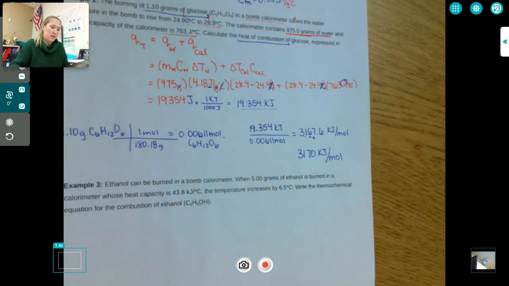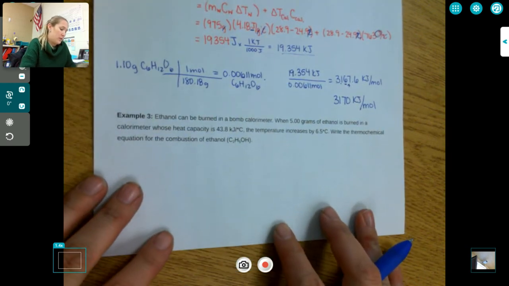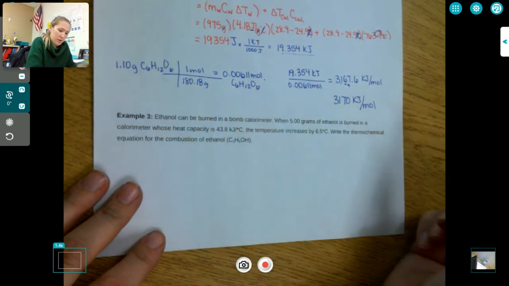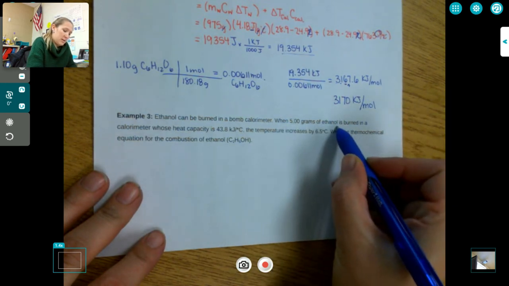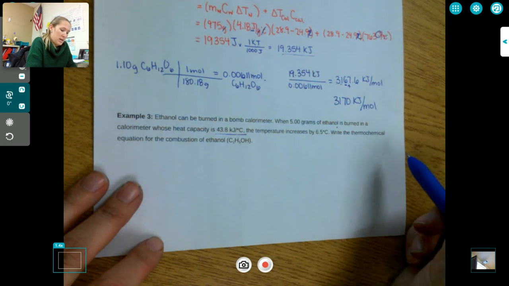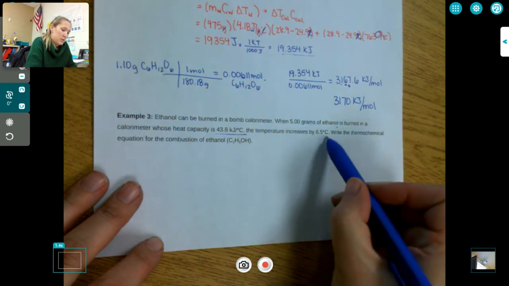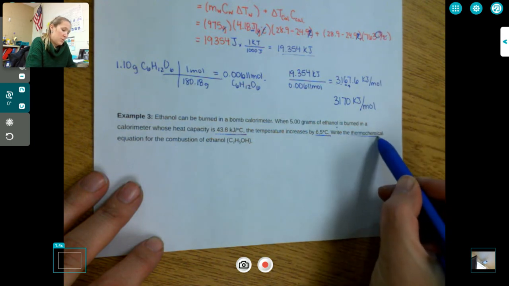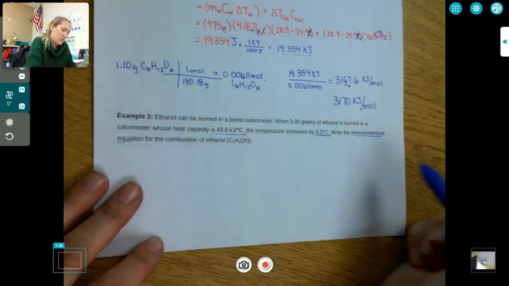Let's look at a third type of question that we could see. So in example 3, it says ethanol can be burned in a bomb calorimeter. And 5 grams of ethanol is burned in a calorimeter whose heat capacity is 43.8 kilojoules per degree Celsius. Temperature increases by 6.5 degrees Celsius. Write a thermochemical equation for the combustion of ethanol.